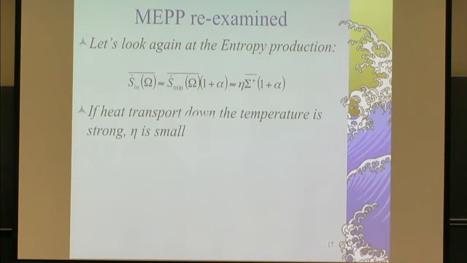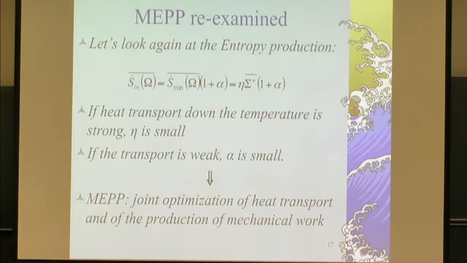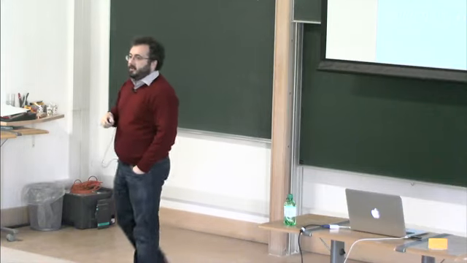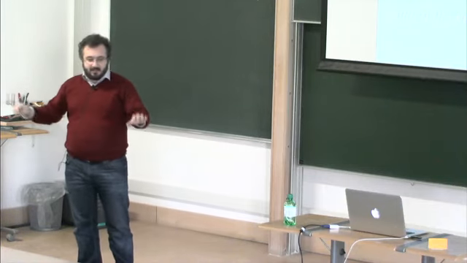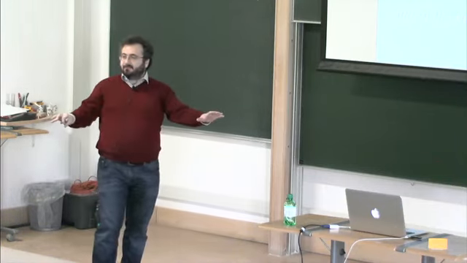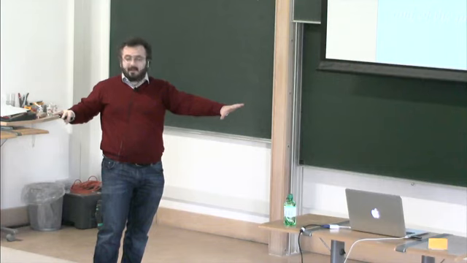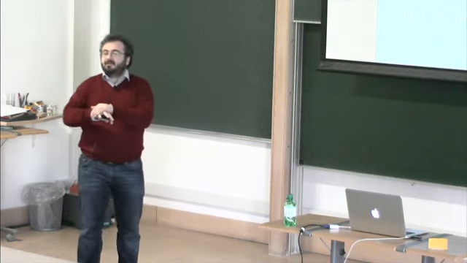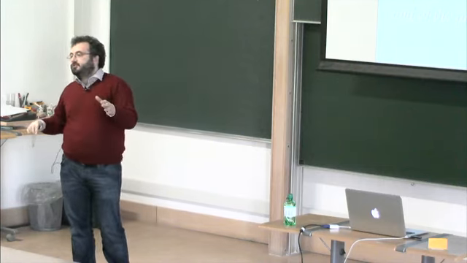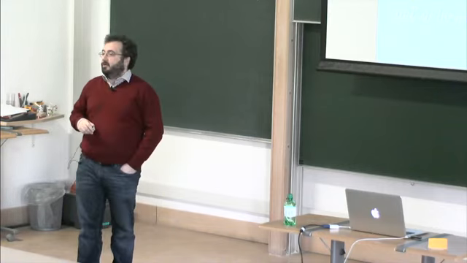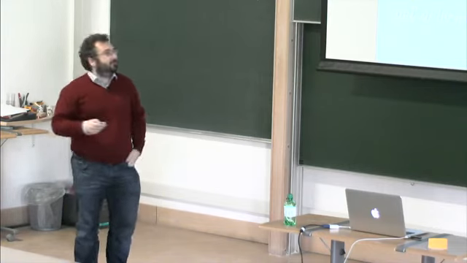In other terms, I have a lot of entropy production if I have a joint optimization of heat transport, which has to do with this alpha, and the production of mechanical work, which has to do with this eta. If I have a system that immediately thermalizes, I have zero entropy production, because the system is extremely fast in killing temperature gradients. If my system basically does not kill temperature gradients, the transport will be very small. That's just a qualitative statement.